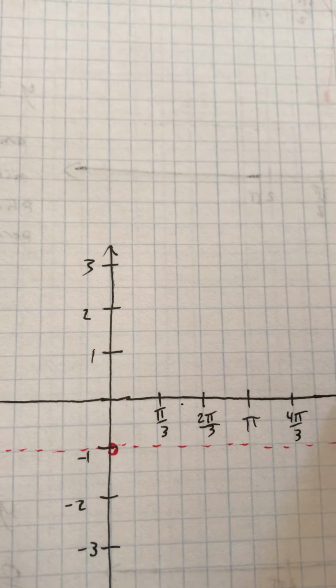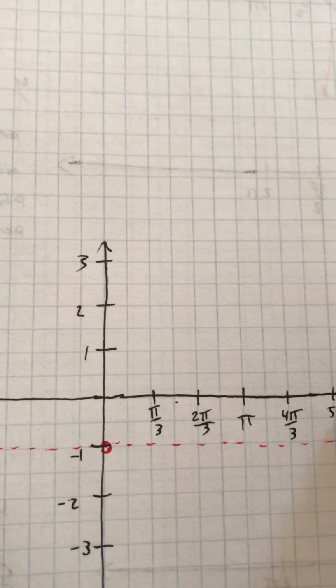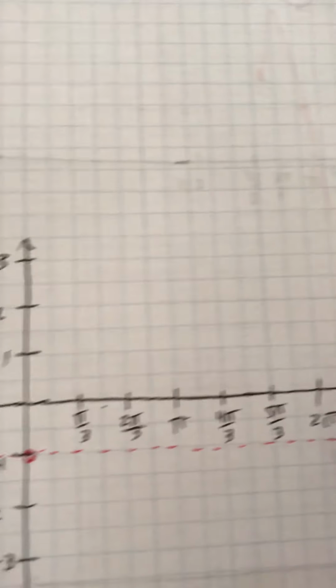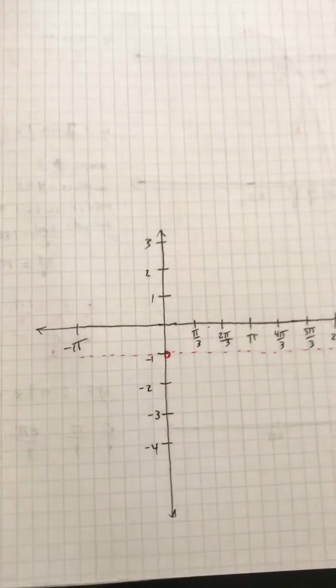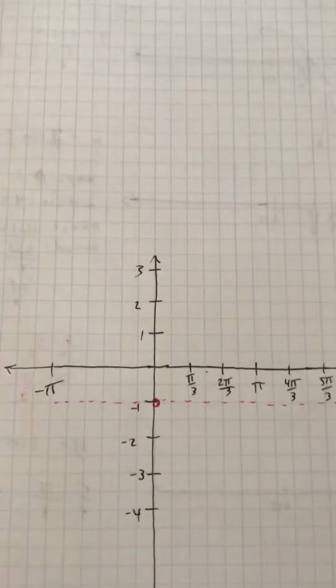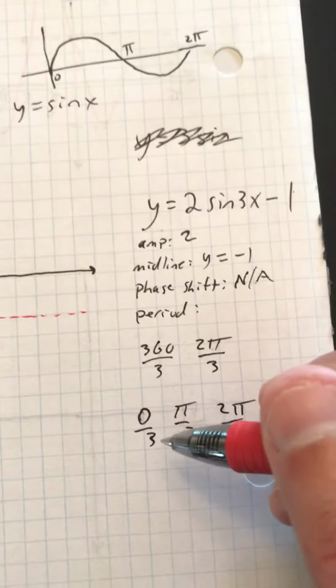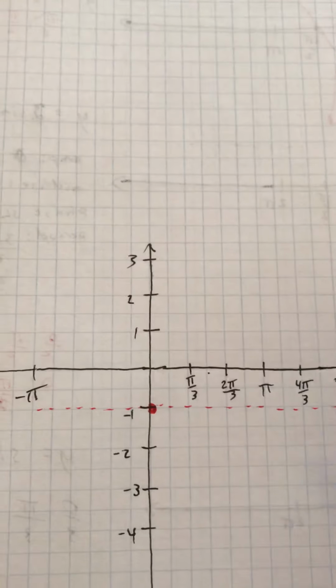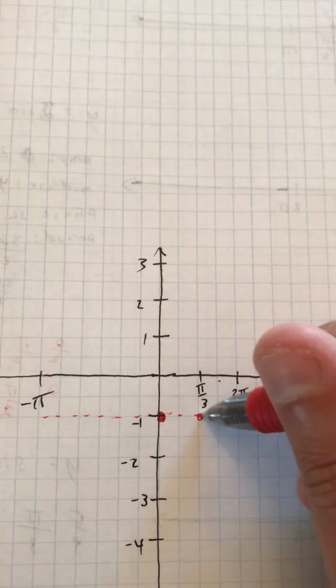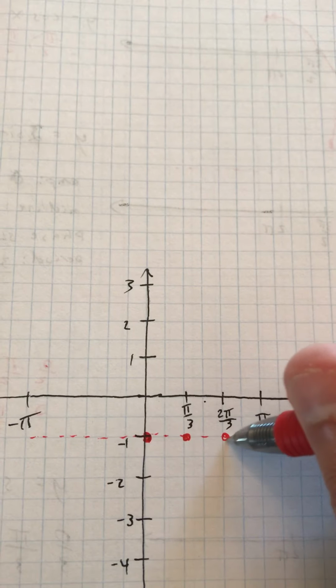And then 5 pi over 3, 5/3 pi. And then 6 pi over 3 would be the same thing as 2 pi. 6 over 3 is 2. So you might want to label some of those points. Anyway, this graph is going to hit the axis at 0, pi over 3, and 2 pi over 3. So I've got a point here at 0, pi over 3, and 2 pi over 3.